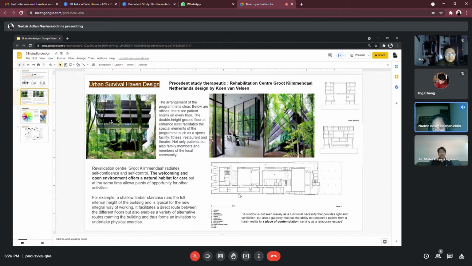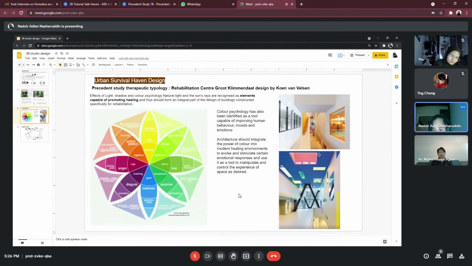They connect the building to the outside nature by having double volume ceiling height curtain walls. This way, people can directly view their surrounding landscape. Another method they tackle is by playing with light and colors.